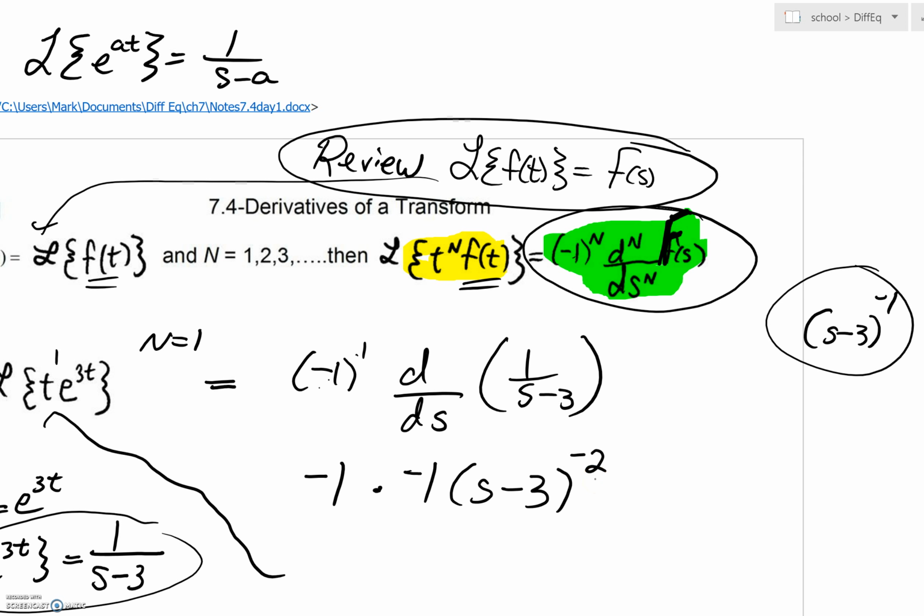We're just using that power rule. What is that transform? Unbelievably, it's 1 times s minus 3 to the -2, which is 1 over s minus 3 quantity squared. So that's how we can get this transform if I have t to a power multiplied to a function. Really, it's not so bad.